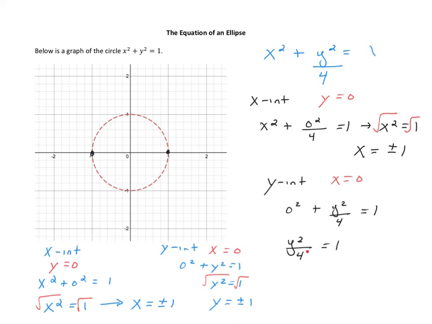But this time, before taking the square root, you can multiply the 4 to the other side of the equation. And when you do that, you get y squared is equal to 4. Now, when you take the square root of both sides, you actually get a different number this time. You get that y is equal to plus or minus 2. So that is here and here.